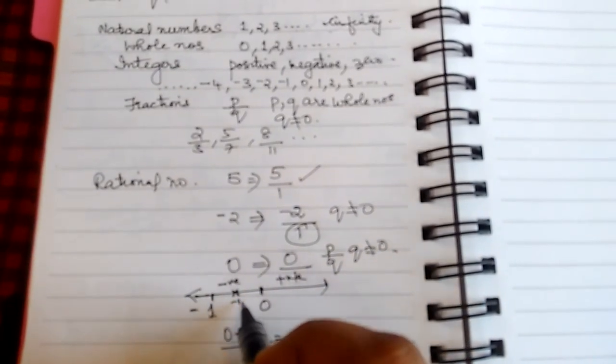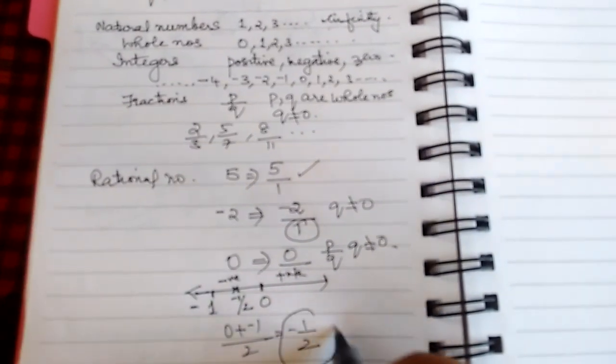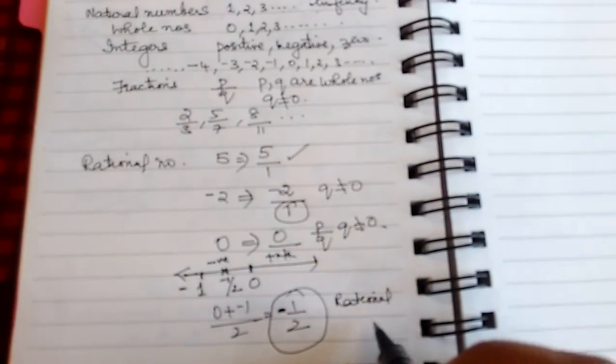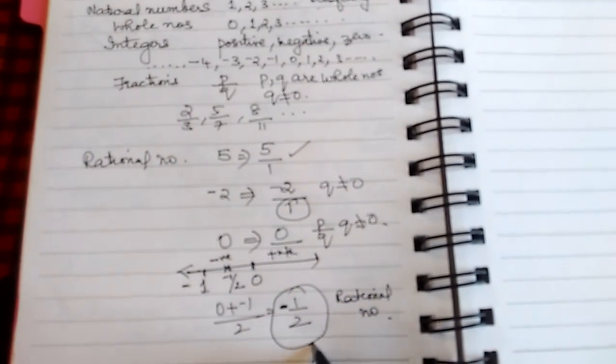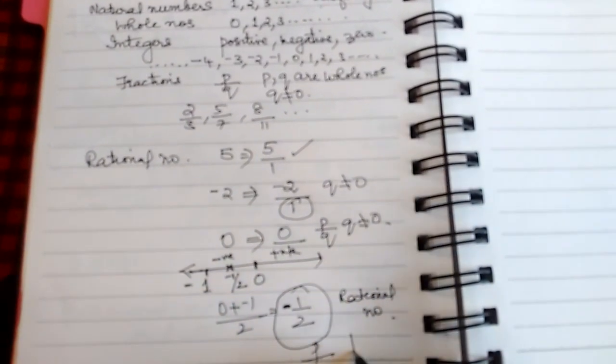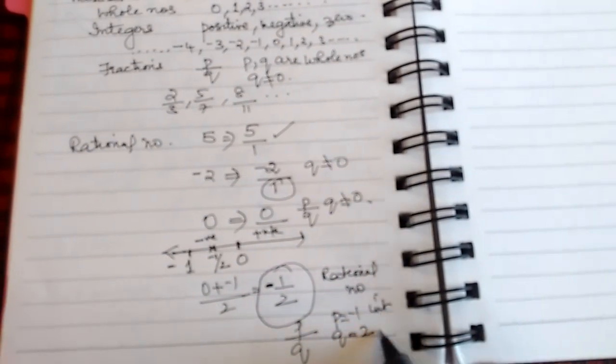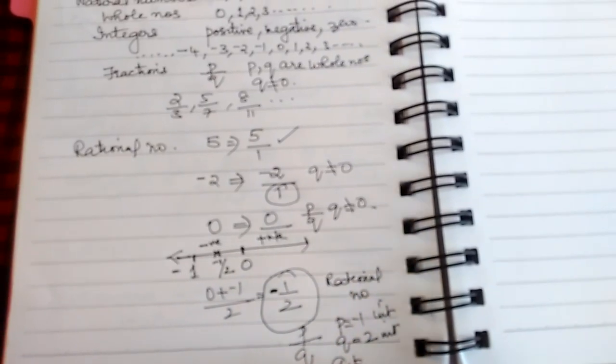So minus 1 by 2 is here. Minus 1 by 2 is a rational number because it is of the form p by q where p is equal to minus 1, q is equal to 2, both are integers, and q is not equal to 0.